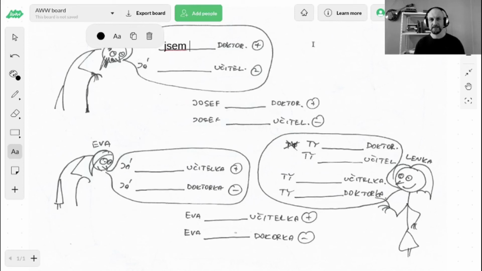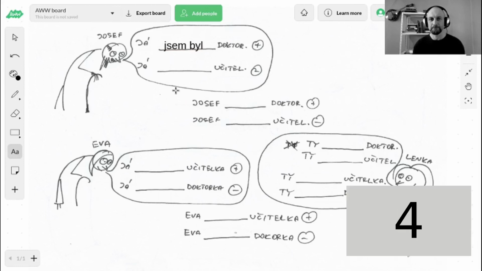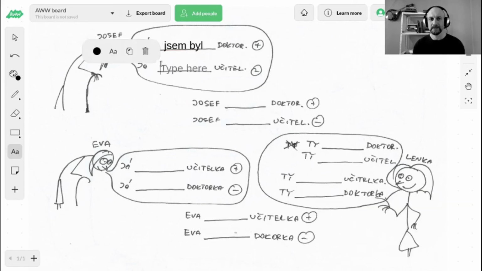Já jsem byl doktor. And in the negative sentence, it would be, já jsem nebyl učitel. Já jsem byl doktor, já jsem nebyl učitel.